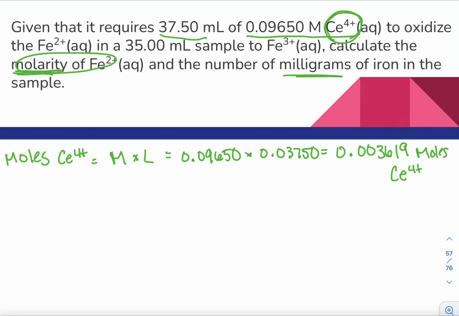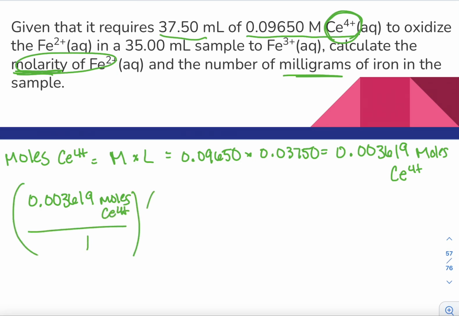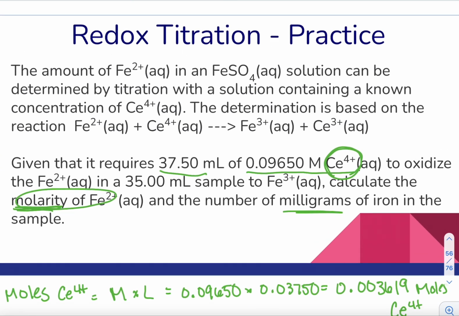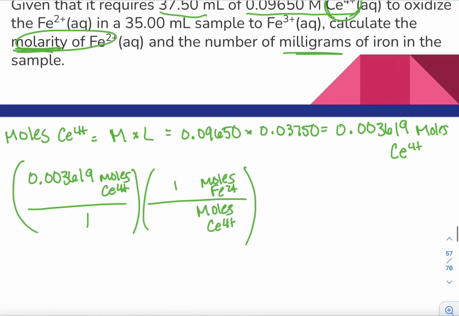So to do that, I'm just going to do moles of Ce4 plus, 1 mole of Fe2 plus. So here, they're both 1s, so it's going to be the same.